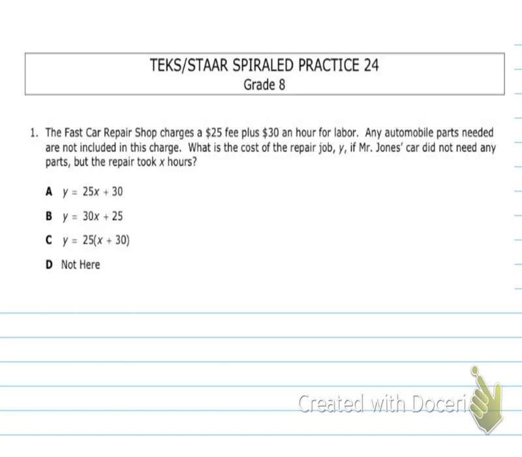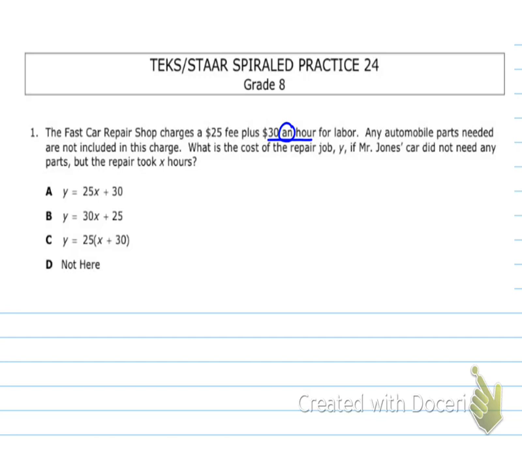All right, so on this one, you're required to read a lot. This should be pretty easy. It says, what is the cost of the repair job, y, if Mr. Jones did not need any parts, but the repair took x hours? So obviously you read this on your own before I went over it, and here's where our focus is going to be. I want to make sure I focus on the word and.